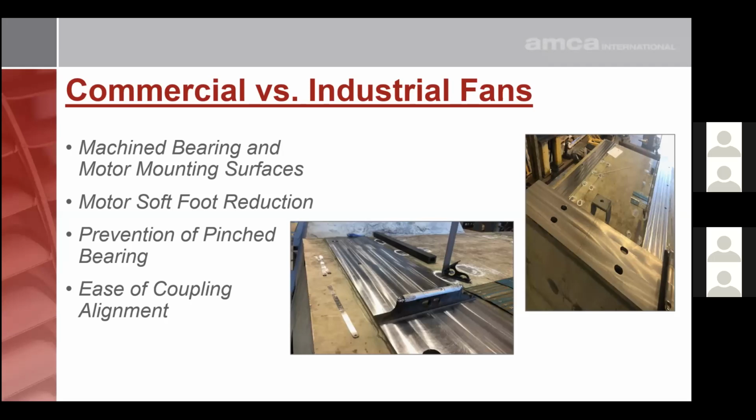A fan bearing mounted on a non-flat surface is also problematic. If the surface is concave or convex, that can result in distortion of the bearing housing. A distorted bearing housing can pinch the bearing element itself and result in increased vibration and decreased life as well.